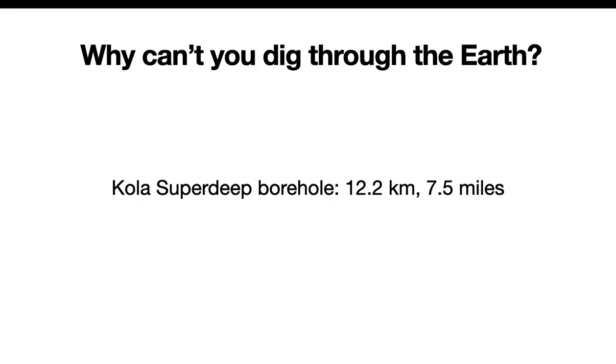And if you just kept on digging, the reason the Kola Super Deep Borehole stopped is because your metal would just melt. The metal in your tools will soon melt if they get to such deep distances. And even though they were just 12.2 kilometers down, their metal was melting. So if even the metal melts, you can imagine how hot it would be.